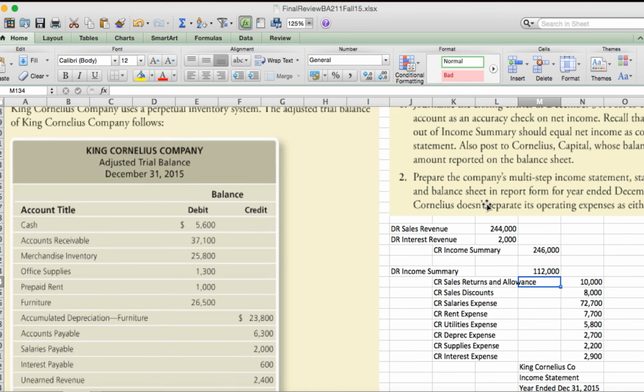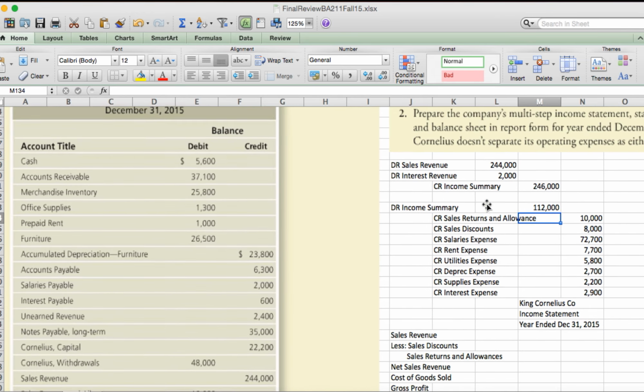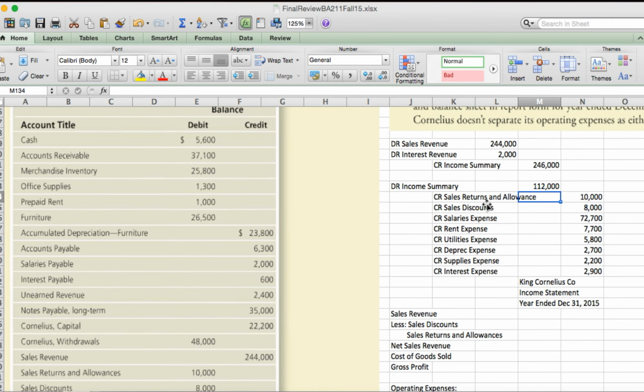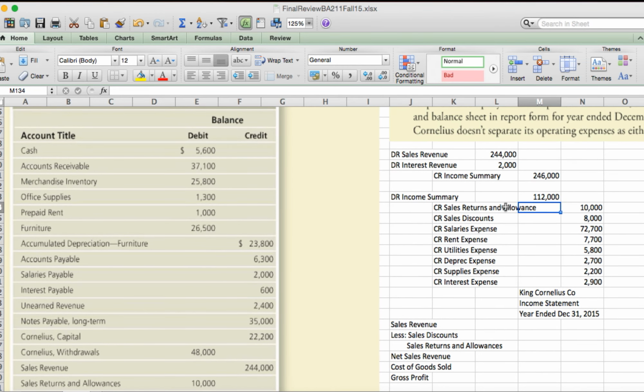Okay, so what did it ask us to do here? If we're calculating net income based on what we have here, revenue minus expenses, net income equals revenue minus expenses, or $134,000.